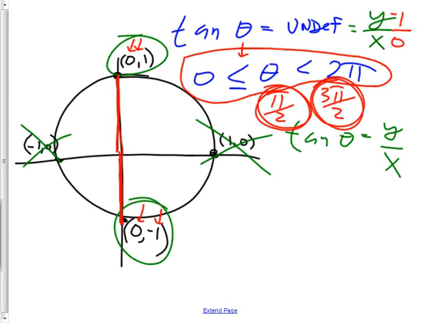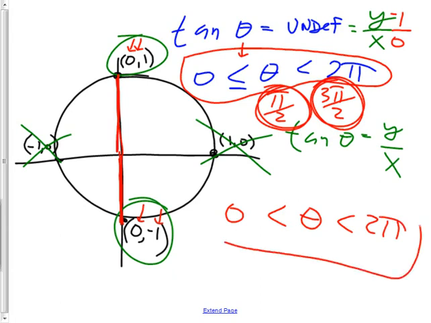Usually, the vast majority of the time, this means that there are 2 answers. But sometimes it means there's only 1 answer. And the only situation would be if I had said this. Do you see how I can't be 0 and I can't be 2 pi according to this little formula right here? Because I didn't say or equal to. Then what if the answer is coming out to 0?